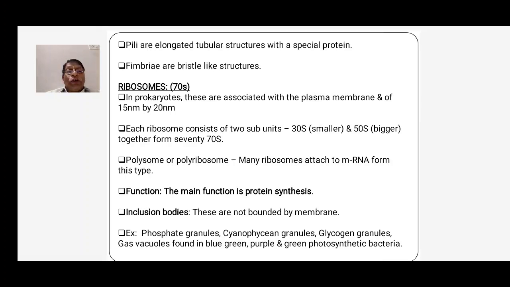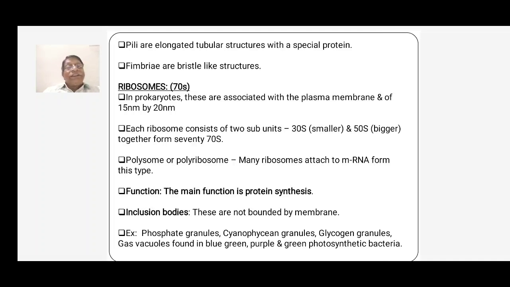The main function of ribosome is protein synthesis, both in eukaryotes and in prokaryotes. If we examine the ribosomes in prokaryotes, they are of 70S type, whereas the ribosomes of eukaryotic cells are 80S.